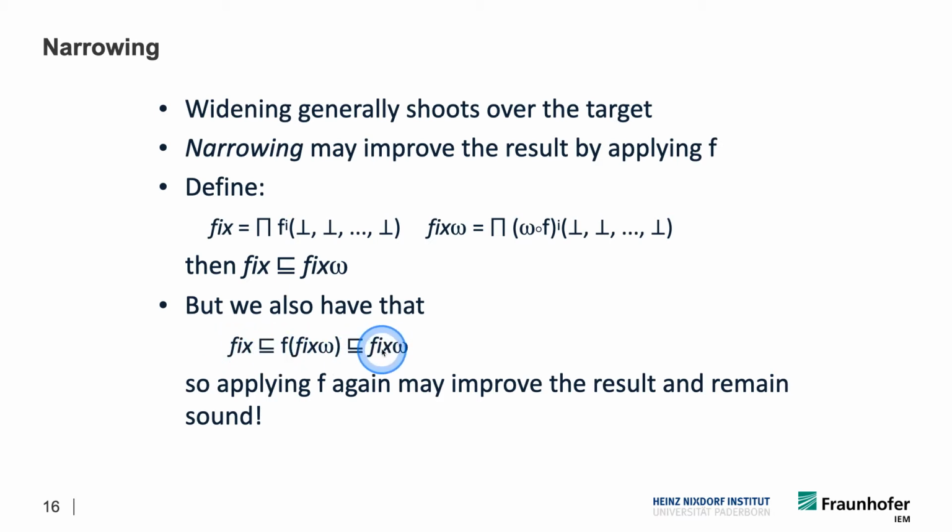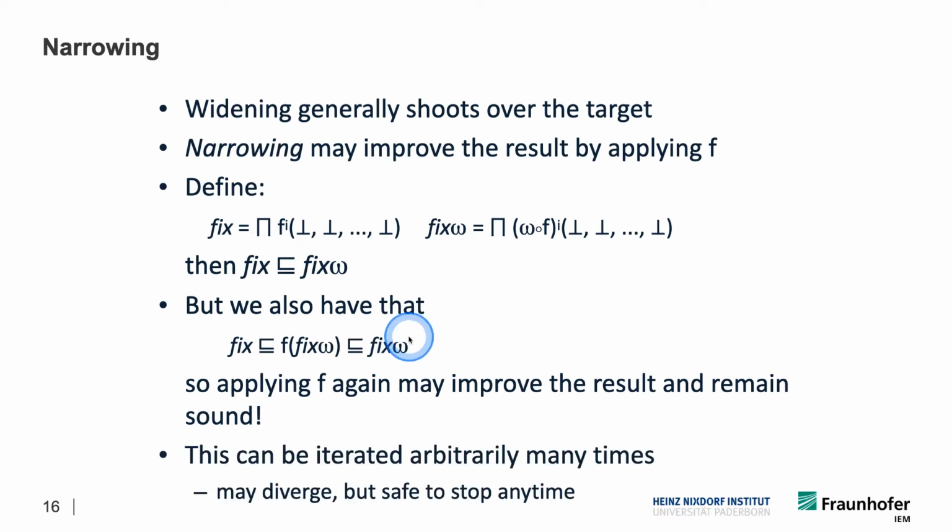Okay, so it doesn't have to be, but it can be more precise than this fixed point solution here. And it's still guaranteed to be at least as approximate as this fixed point solution here, right? So it's a sound approximation still of the unwidened fixed point, and it can be more precise than the widened fixed point, okay?